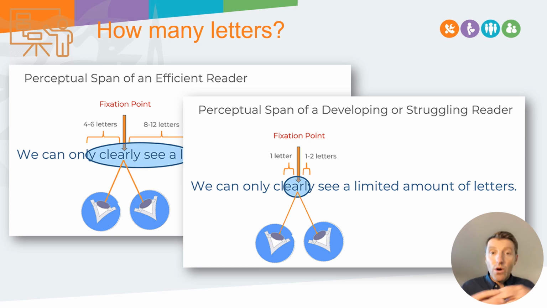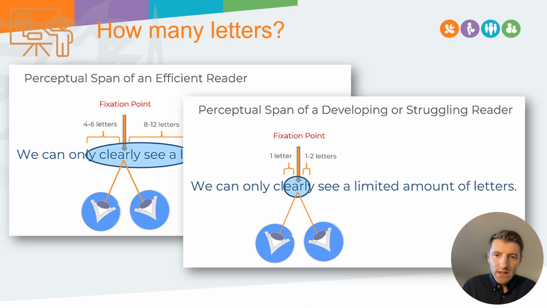As adults or as competent readers, we look at a point on the page and we are able to look about 4 to 6 letters backwards and about 8 to 12 letters forwards in front. So we're constantly using our perceptual span to help us think about and interpret what's come before, what's coming next, and I draw information from that, and that helps me to read.